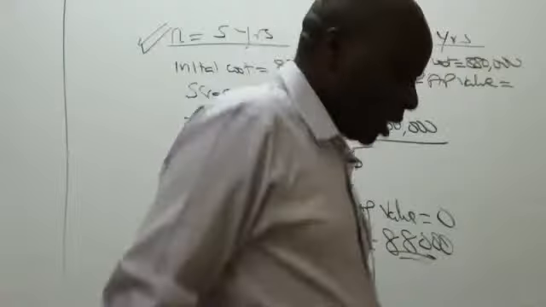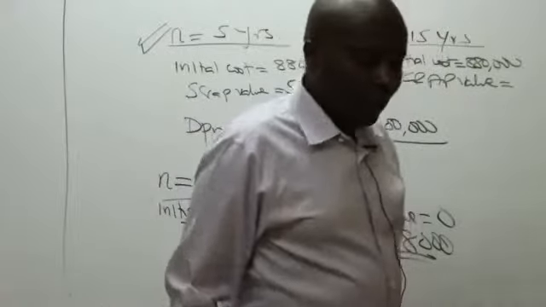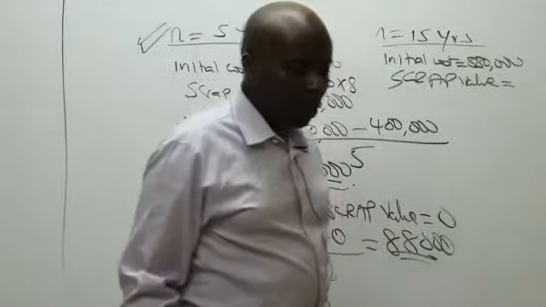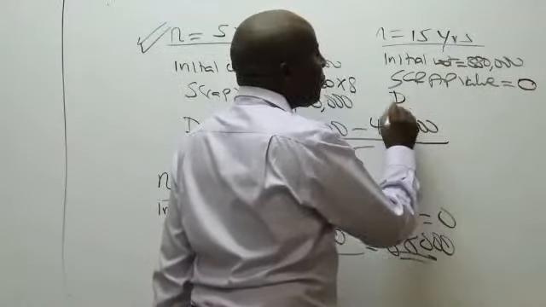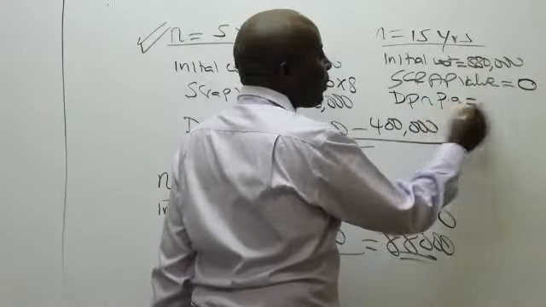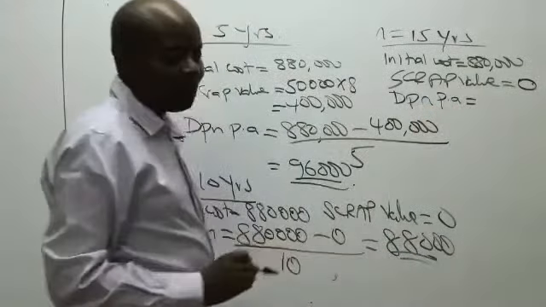You have to talk to me. So in this case, if it's 15 years, they are telling me that this thing will be too old to have any value. So 0. And if that is the case, then could you kindly give me the depreciation per annum?